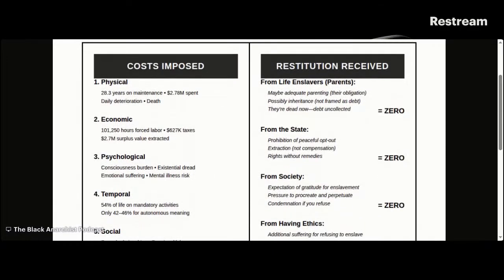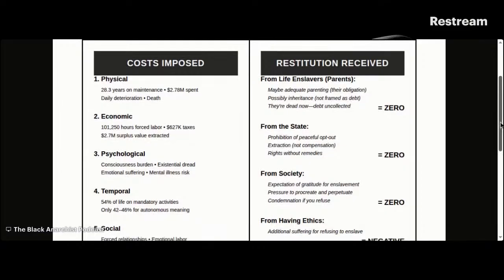Restitution from life enslavers, parents, may be adequate parenting, which is their obligation. Possible inheritance, this is not framed as a debt. They're dead now, so the debt remains uncollected. You receive zero from your parents.